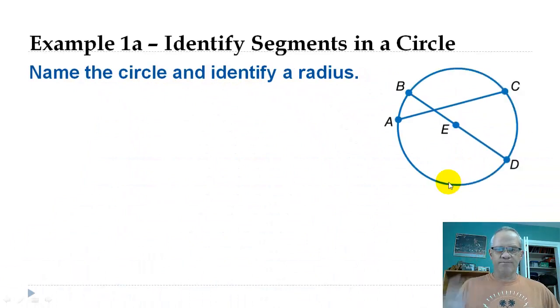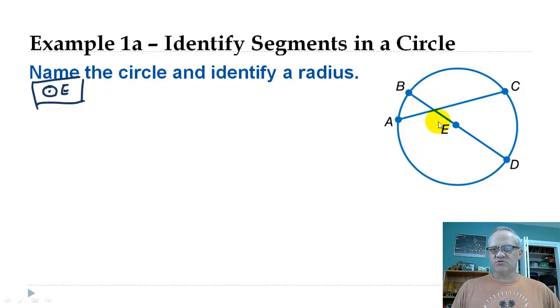All right, first of all, name the circle and identify a radius. Remember how we name a circle? In this case, we look for the center there, that's E, so the name would be circle E. That's what we would call this. And then identify a radius. A radius would be anything that goes from the center out to the edge.